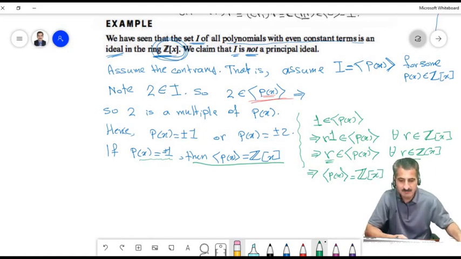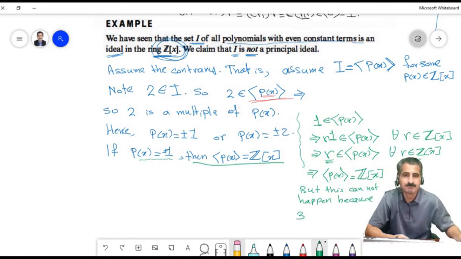But this cannot happen. Why? Because 3 is a constant polynomial, or if you wish, x plus 3, which is a polynomial.